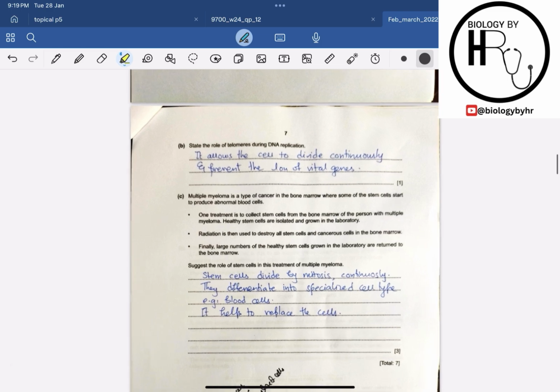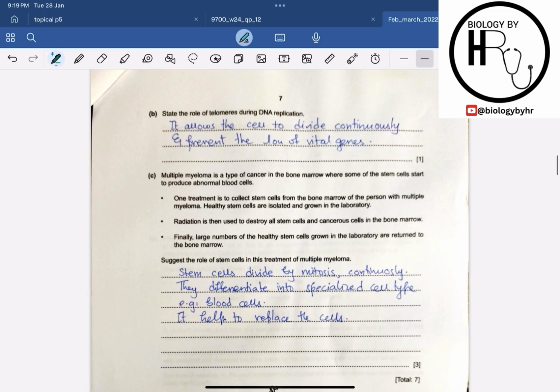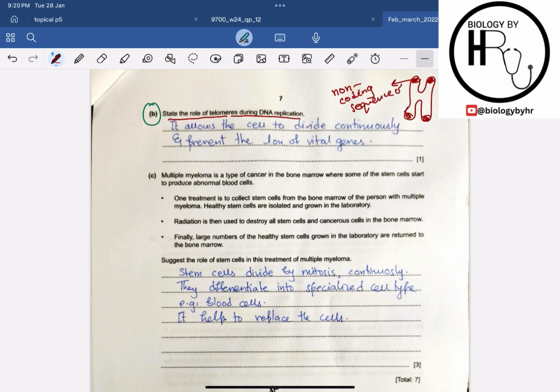Now let's move on to part B of this question. It says: state the role of telomeres during the DNA replication. Telomeres are present at the poles of the sister chromatids, and these telomeres contain the non-coding sequence of the DNA.